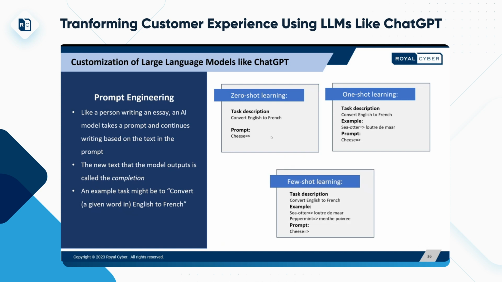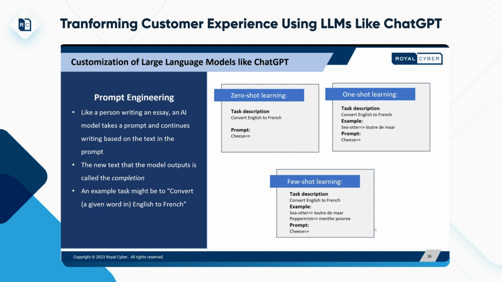And the last one is few shot learning. So this is like seeing a task done a few times, and it could be various examples provided, not just two. You have a few examples to learn from. For a language model, it's given a few examples of a task, and then it uses these to respond to similar prompts.